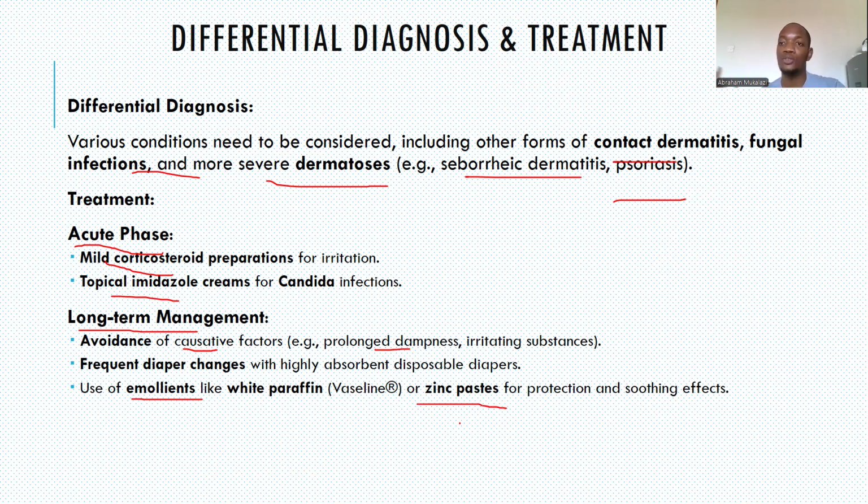In this case, it will try to dry out the area. It is very, very good. It is protective against the development of this rash, and it also has a soothing effect. But you have to be very careful because some children have a reaction to zinc oxide. So for this particular one, you cannot use the zinc paste. So you can opt for other modalities.